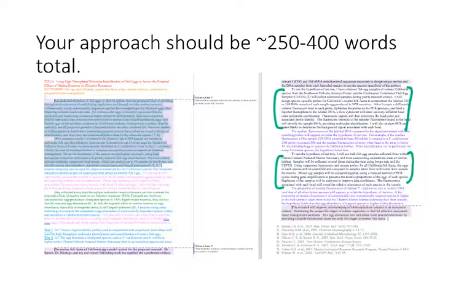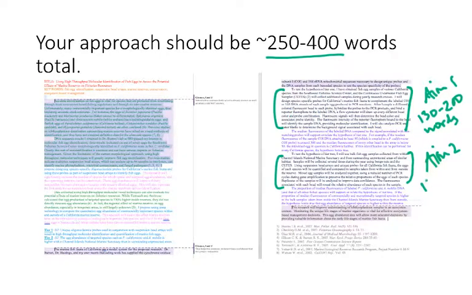This is the approach for aim 1, and this is the approach for aim 2. The guideline of 250 to 400 words is for the entire thing. So breaking it up in two, aim 1 should be about 130 to 200 words, and the same for aim 2.